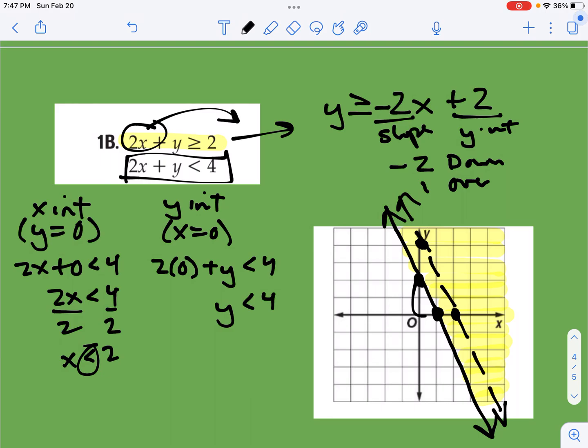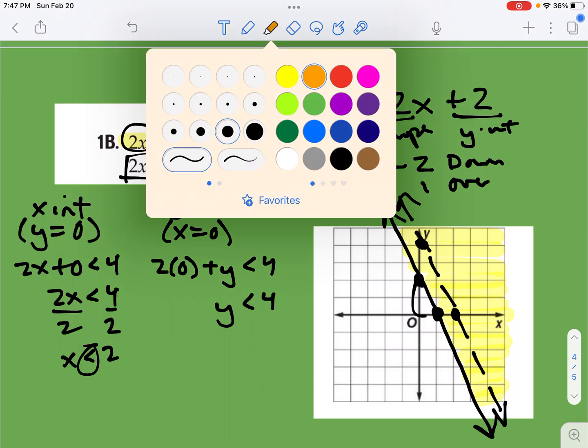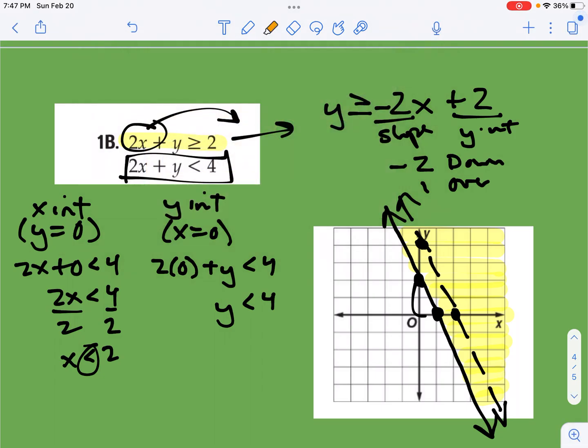Now, to figure out how to shade this one, let's switch colors. Let's go to orange and put 0, 0 in. If I put 0 in here, it becomes 0, and this becomes 0. So you have 0 is less than or equal to 4, which we know is true. So on this one, we're going to shade everything underneath this.